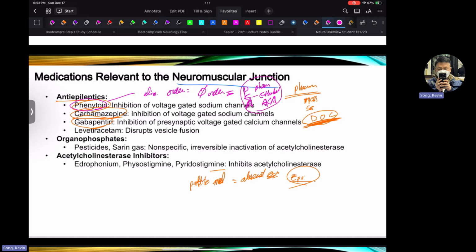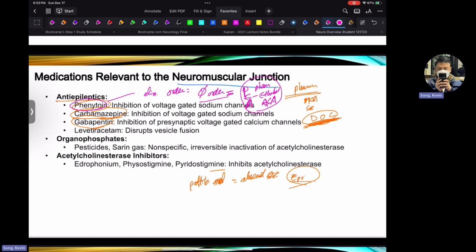Okay, those three, zero order elimination. Doesn't matter how much you drink or consume, it's just time. Only one amount per unit time, like 1 minute, is eliminated. Okay, so phenytoin is one of them.